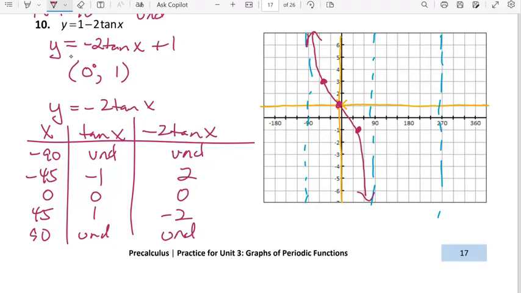And then we can sketch in our additional cycles. And we can't get a full cycle there at the end, but we can get something. And same thing on the other end. We're not going to get that full cycle in, but we can sketch what remains of that one cycle on the left.